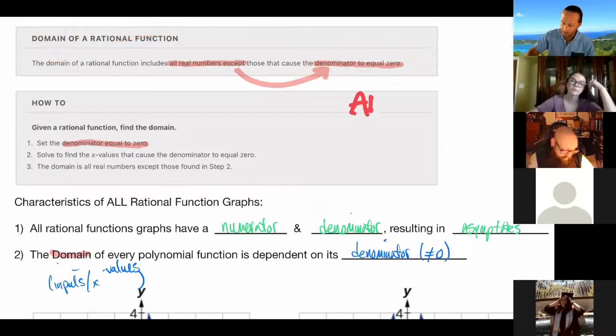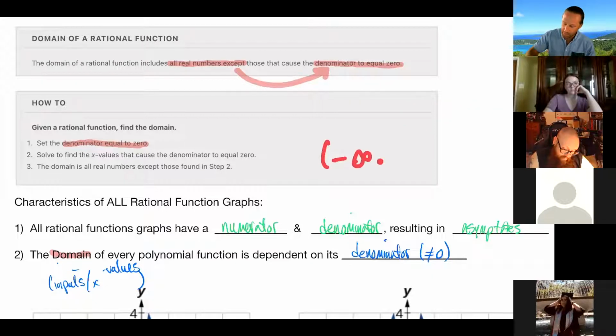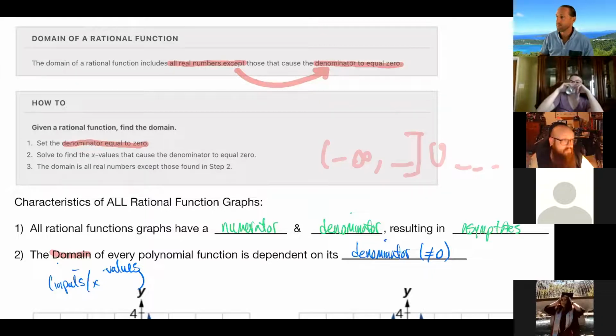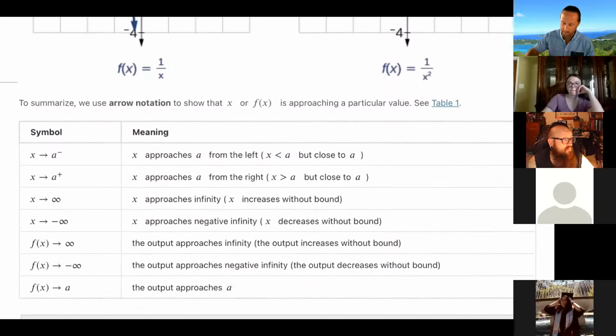So again, we can put all real numbers, except x cannot equal this, this, or that. Or we can put from negative infinity to something, including that, union, and so on, or excluding whatever we want to put.